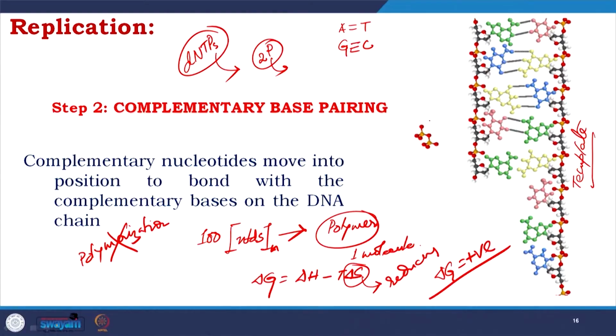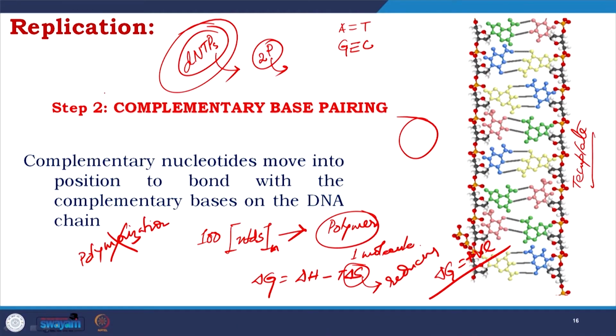That compensation is coming through the inorganic phosphates. When they are released, the bond breaks and releases a negative amount of energy, minus 7.3 kilojoules per mole.